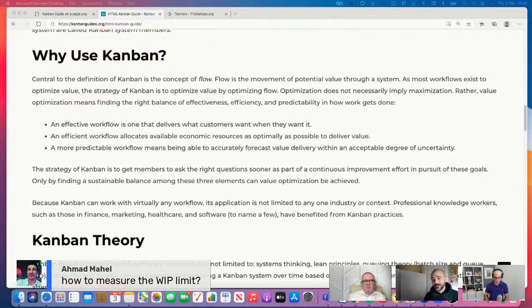Sure, you could create a WIP limit for the whole board, and that will give you a strategy, but it's probably not going to give you enough information. And I think this is where you need to look at a leading metric, such as age, to draw that focus into what's happening with the team and how much attention they're paying.